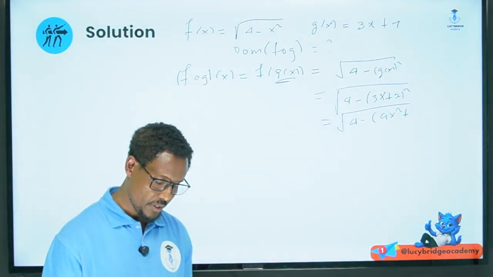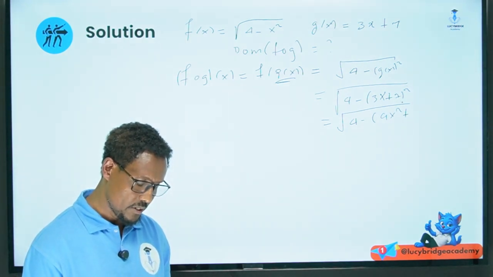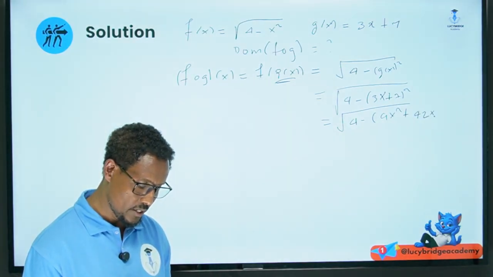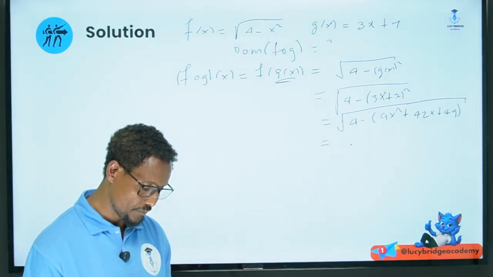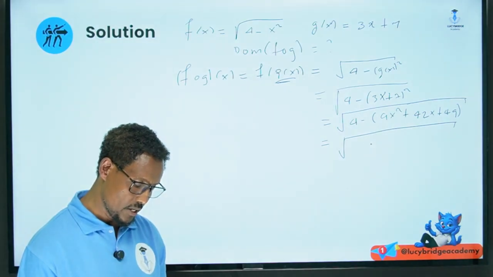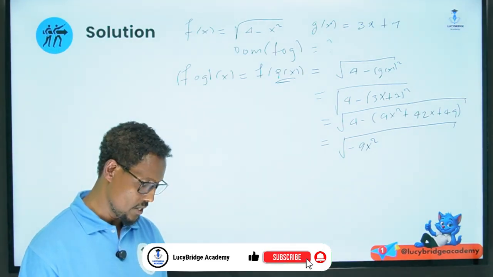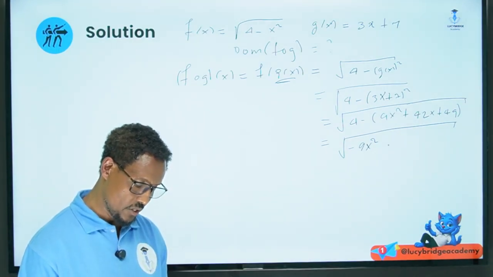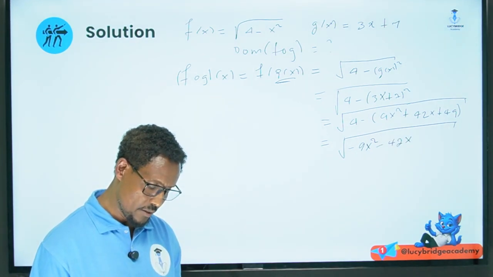This is equal to the square root of 4 minus 9x squared plus 21 times 2, 3 times 7 is 21, times 2 is 42x, plus 49, which is equal to the square root of minus 9x squared minus 42x, 4 minus 49 is minus 45.